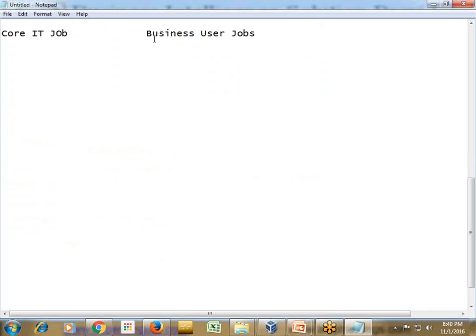But actually that's not an IT job, that's a non-IT job, right? What is a core IT job? Our training program is mapped to core IT jobs about 80%, but I also talk about business user activities to some extent. I'll be talking about HR, finance, and different data sources, at least two of them.